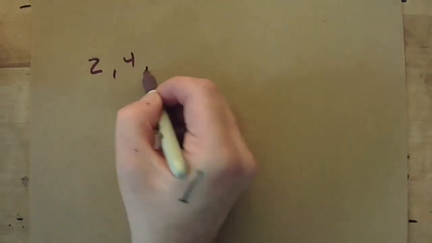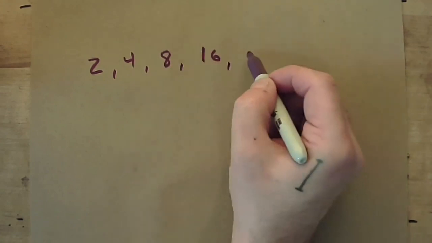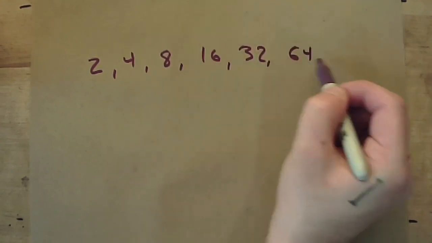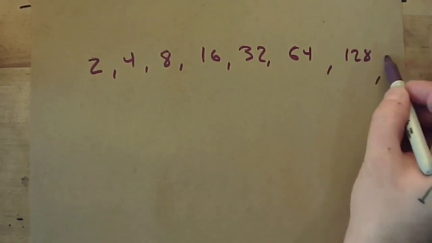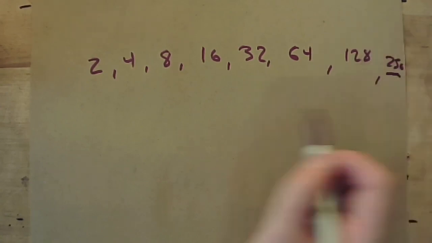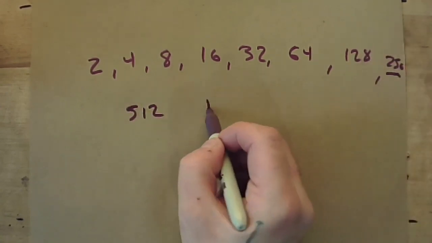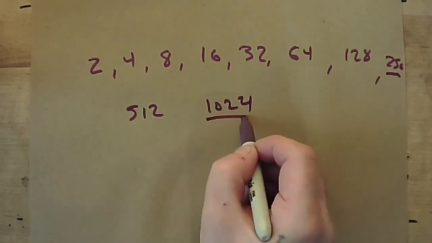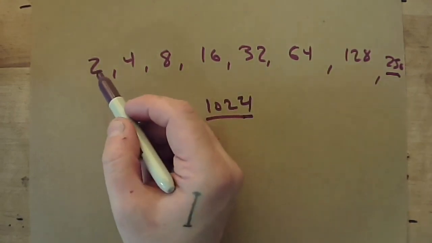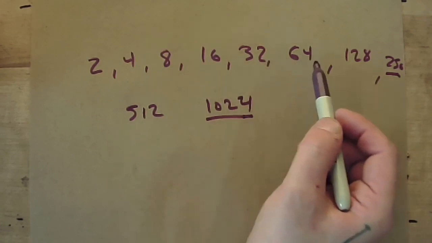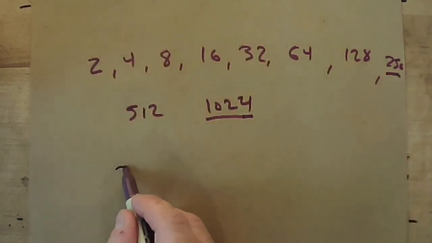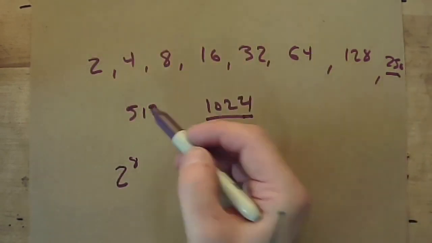2, 4, 8, 16, 32, 64, 128, 256, 512, 1024. So we have 2 to the 1, 2, 3, 4, 5, 6, 7, 8, 9, 10.